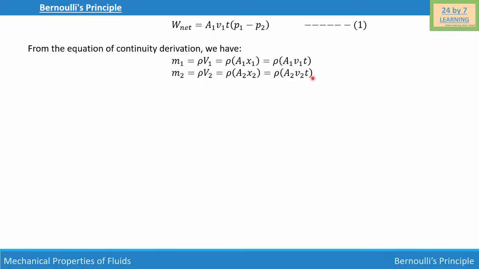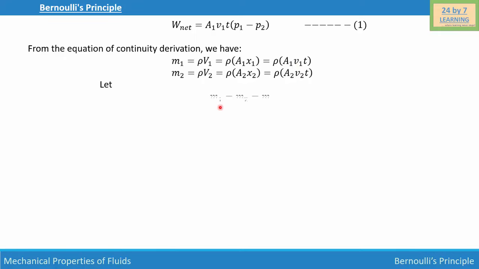And these two derivations are from the equation of continuity, where A1 and A2 are the area of cross section at the two ends respectively, and v1 and v2 are the velocities at which the fluid is entering and leaving the tube respectively.